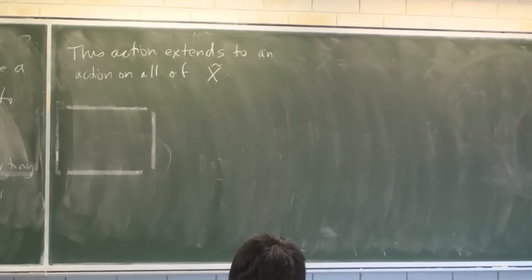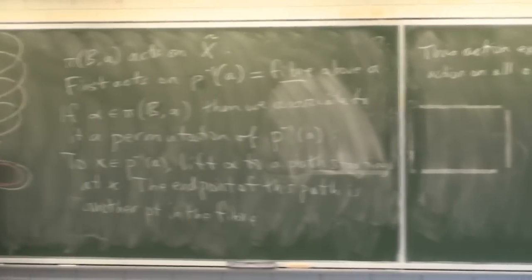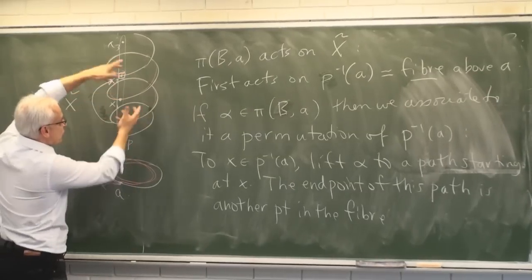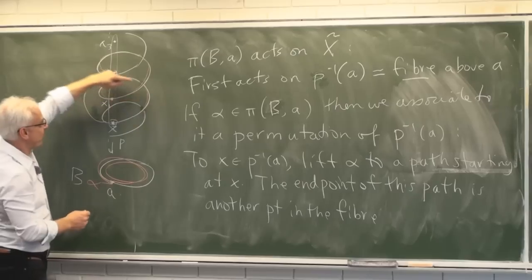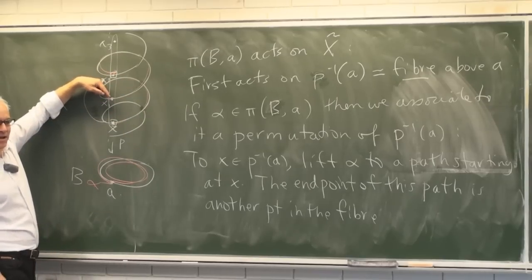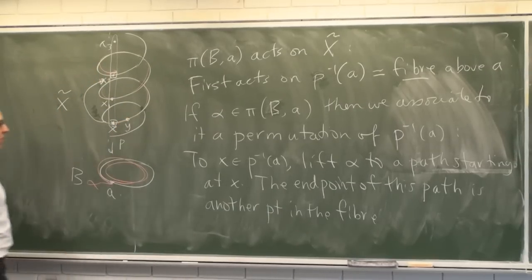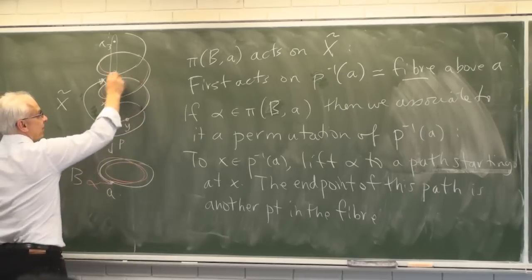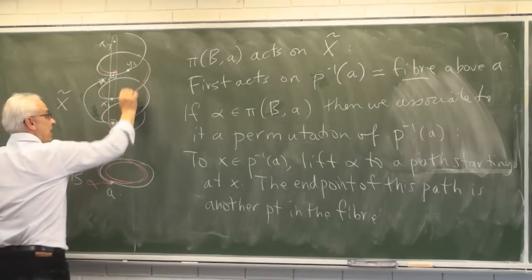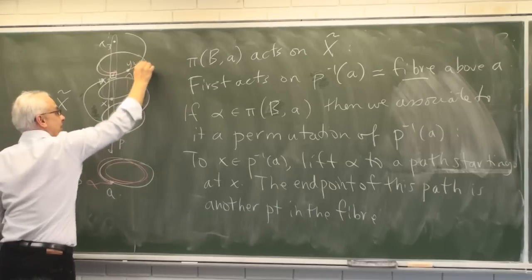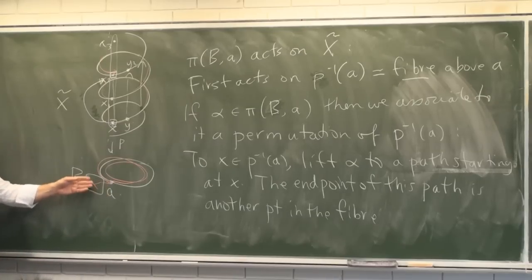In other words, to every loop here, for example, if we just look at a generating loop, we get the sort of skew motion of the universal cover, which is what you get when you go up exactly one floor above the point that you're starting at. So for example, if we look at some adjacent point y, we can also lift it to a new point y2. So the whole space gets moved up by the action of this loop down here in the base space.